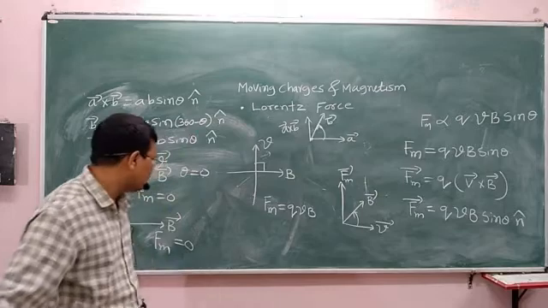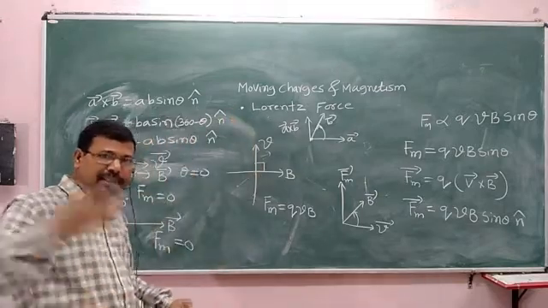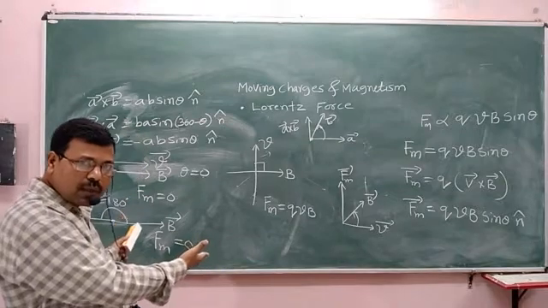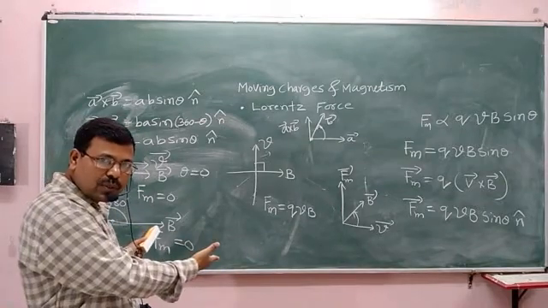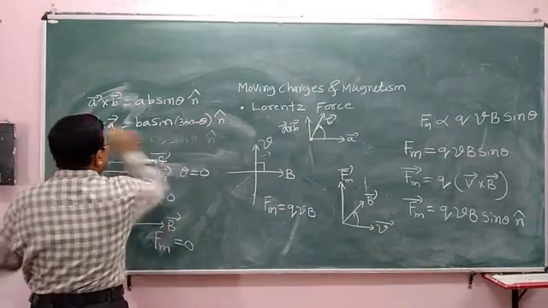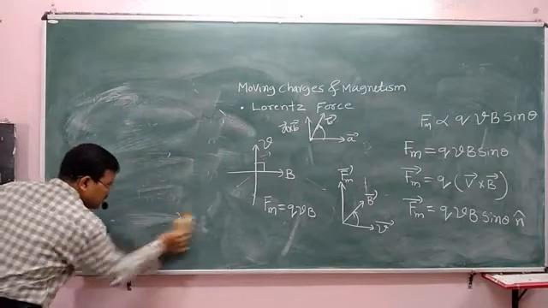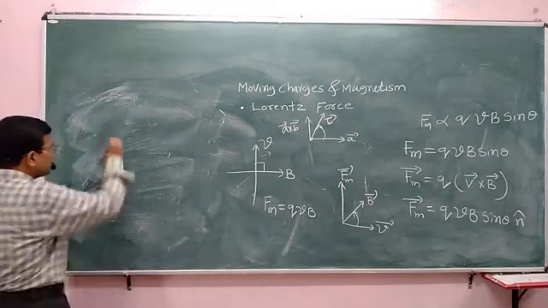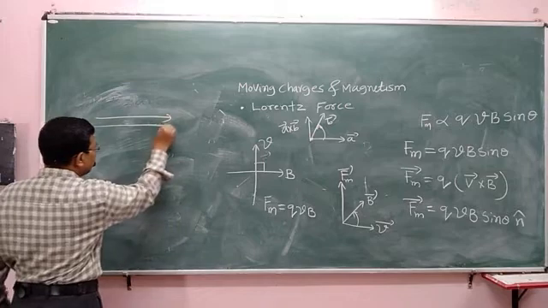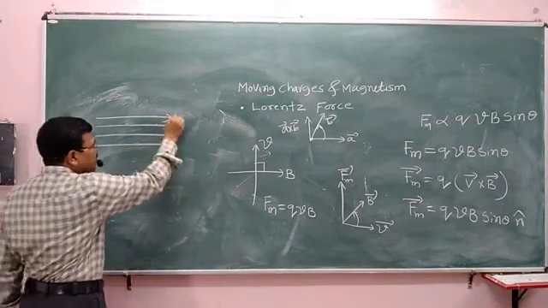That's very simple. That is called Lorentz electric force. This is all about Lorentz magnetic force. When a charged particle is moving in electric field like this, here is an external electric field, uniform or non-uniform electric field.